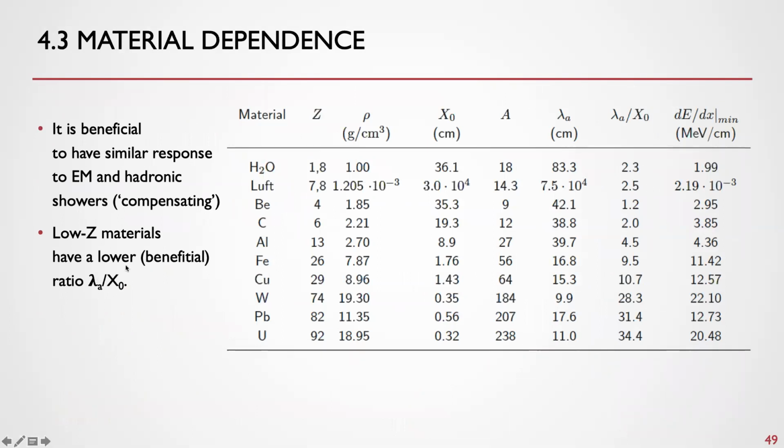If that ratio is very large, like for the high Z materials, this shows that the EM component induces a larger ionization signal than the hadronic energy deposit. So typically we want low Z materials for compensating calorimetry, but that is a topic of a future lecture. So now we stop the discussion of the interactions of particles with matter.